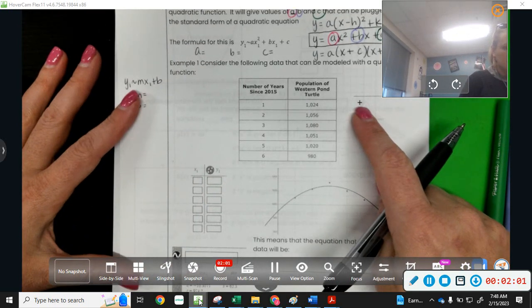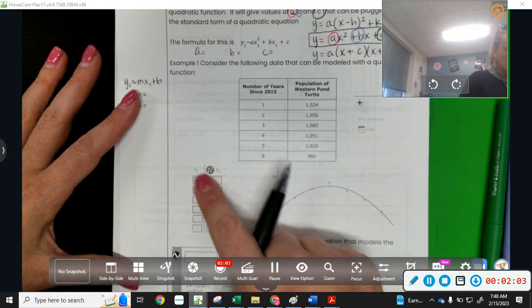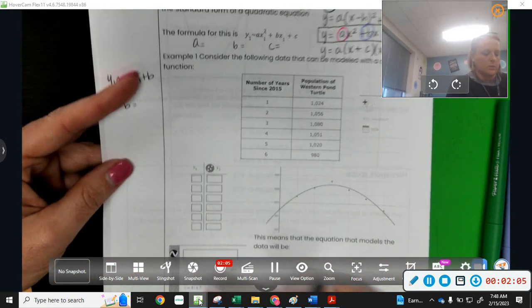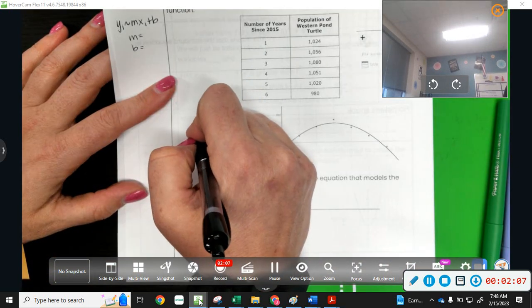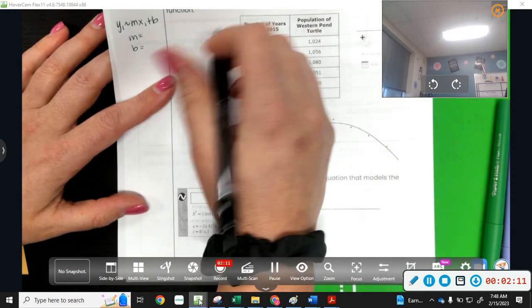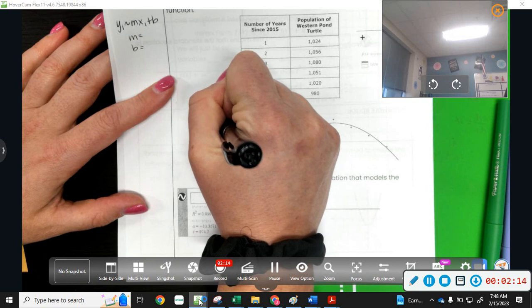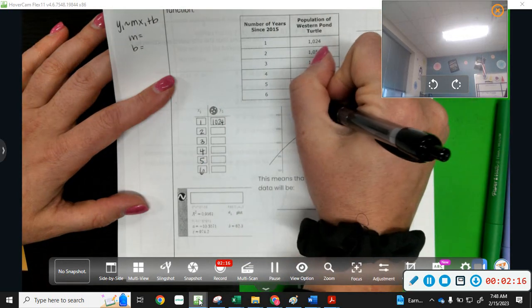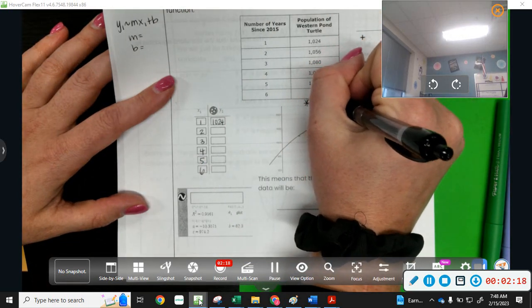We're going to click the plus sign. We're going to do table. Then we're going to type these numbers into the table. I'm going to put them in here: 1, 2, 3, 4, 5, 6. Okay, and then I'm going to type these. And if you notice, I do not type the commas. Commas will not work.